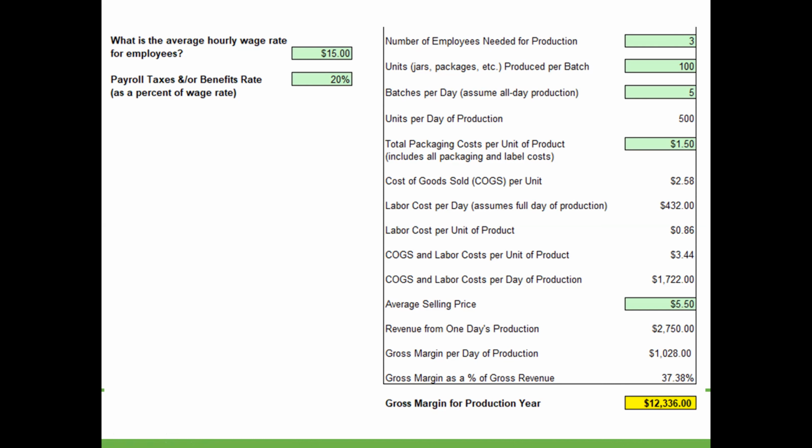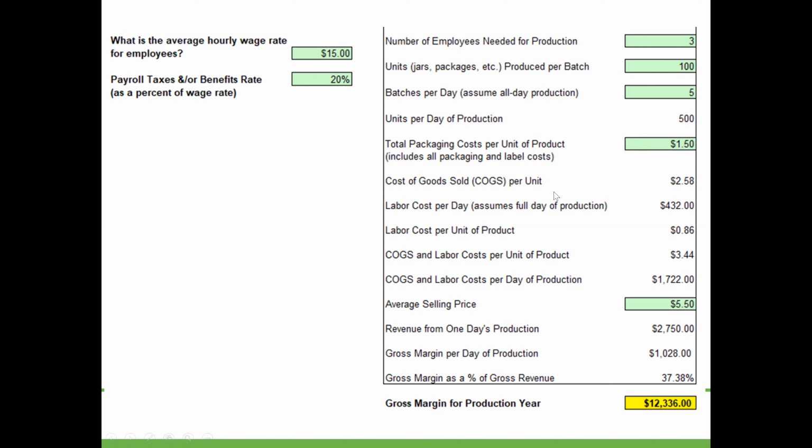And our packaging costs per jar, just the jar and the label, would be $1.50. We have to plug that number in. We have said our jar and our label is going to cost $1.50.